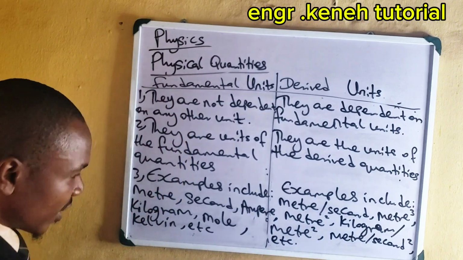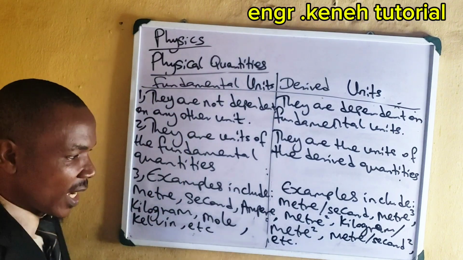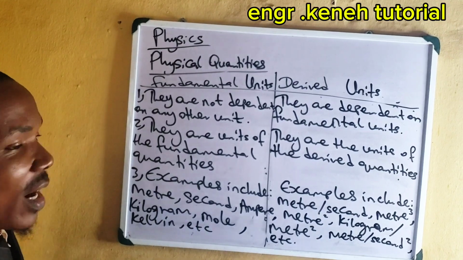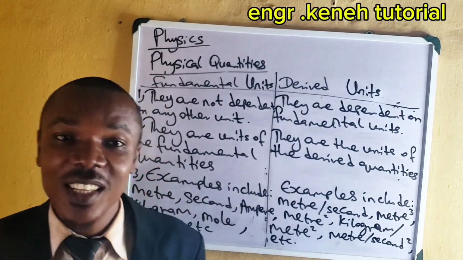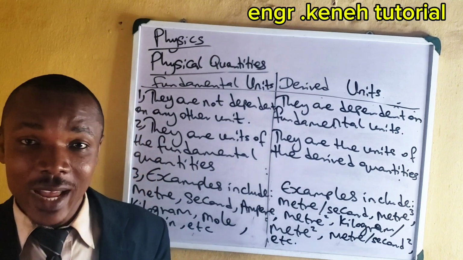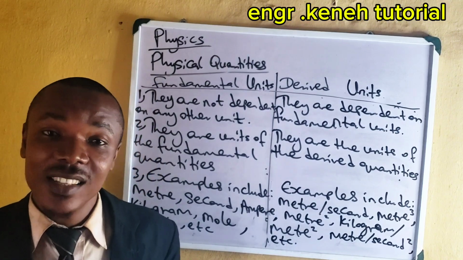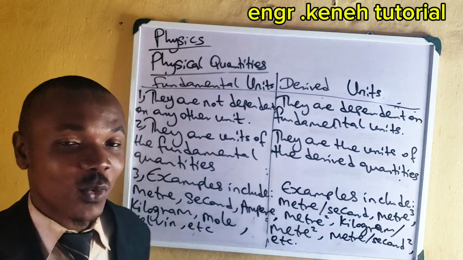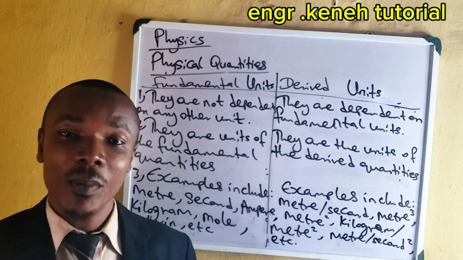I have some other ones. Remember I said you have moment here and so on. When you write this, you notice that you have written the difference between the fundamental units and the derived units. If you are a science student, especially an SS1 student, just know that this kind of question is likely to come out.